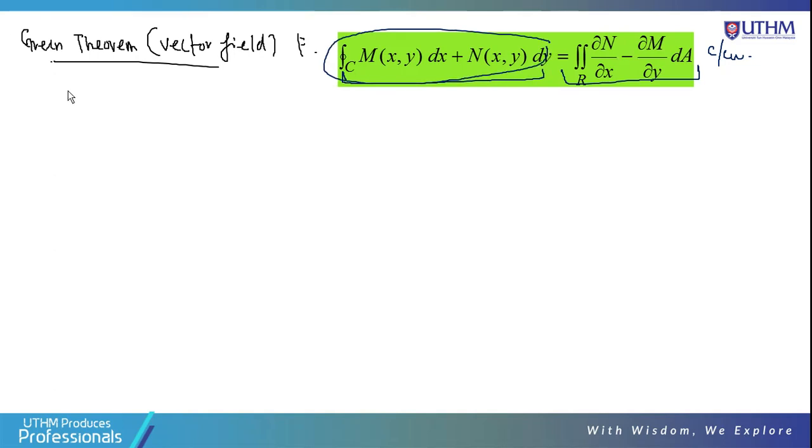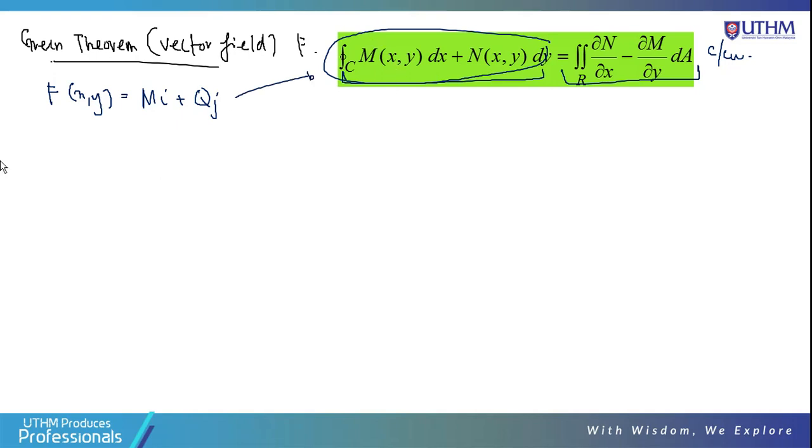Okay, barulah you can use for the Green theorem. So let's say the vector field you tahu F(x, y) equal Mi plus Qj. So in this form. Okay, sama tak bentuk dengan ni? Tak sama kan? Tak sama dalam bentuk line this scalar field.